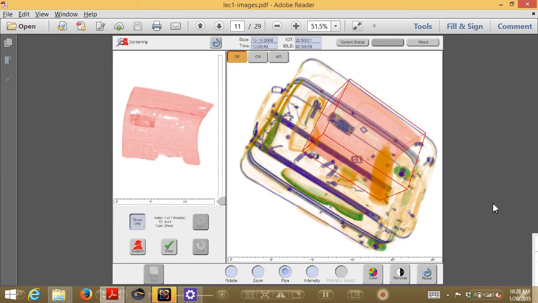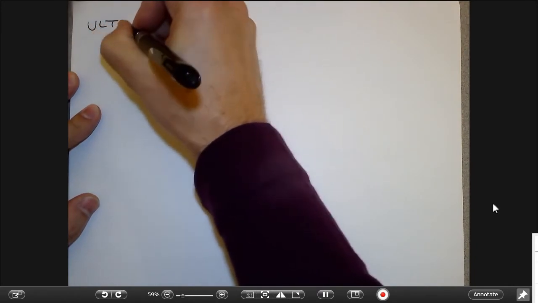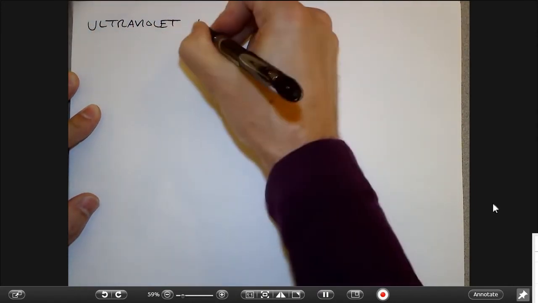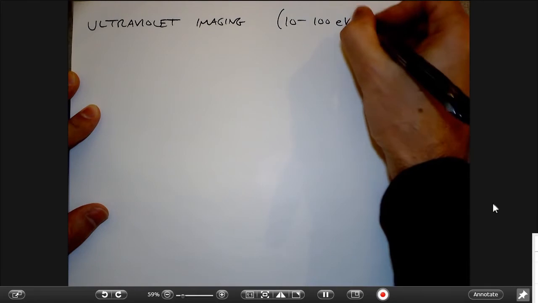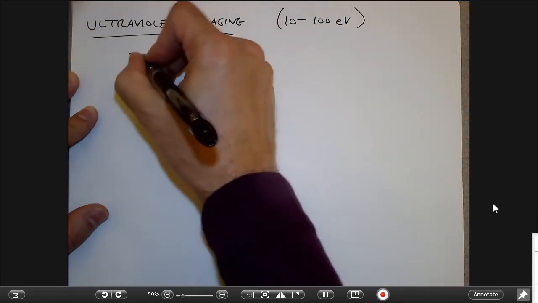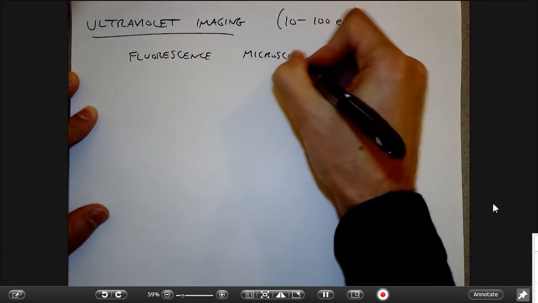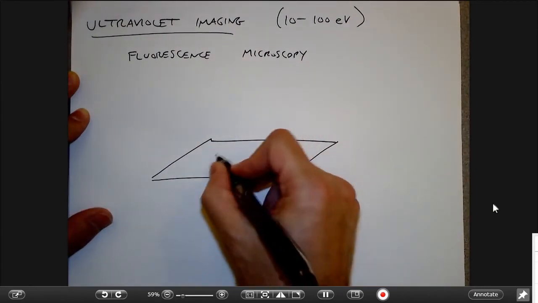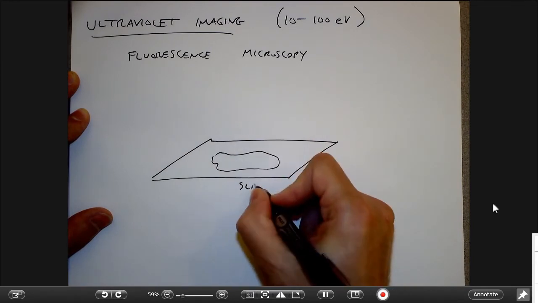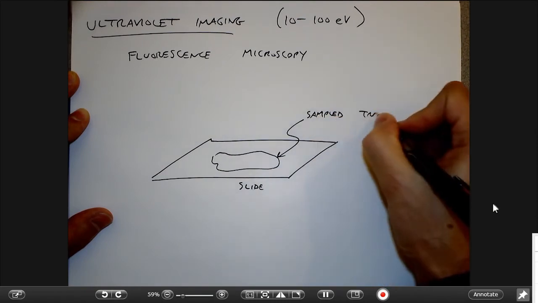Okay. So next is what I would call ultraviolet imaging. For those of you that are more biomedically inclined, you may already be familiar with this kind of thing. This is most often used in different kinds of microscopy, especially fluorescence microscopy. What that means is that you have some sort of sample on a slide, and this is a sample that has some sort of fluorescent dye in it.